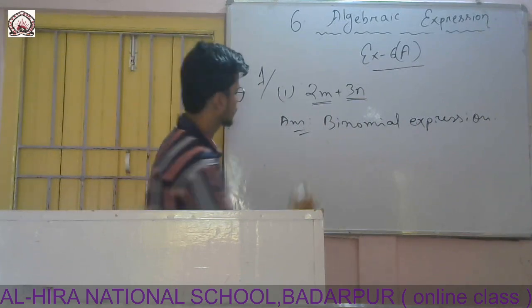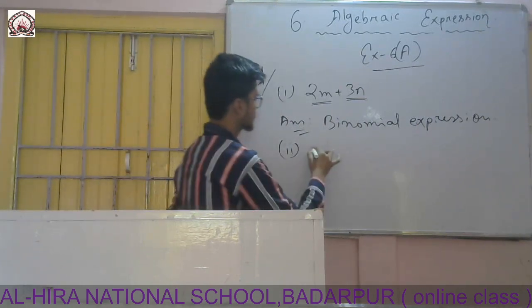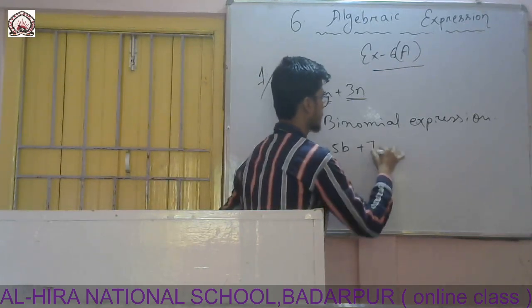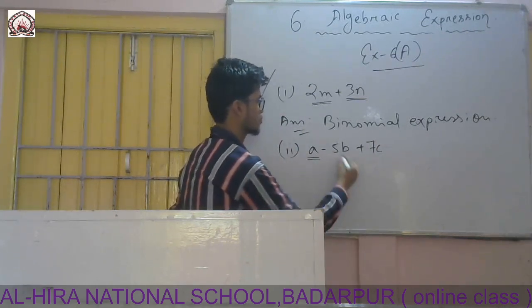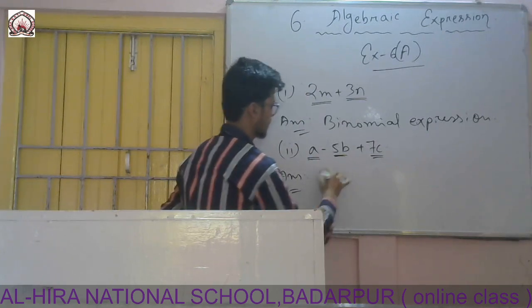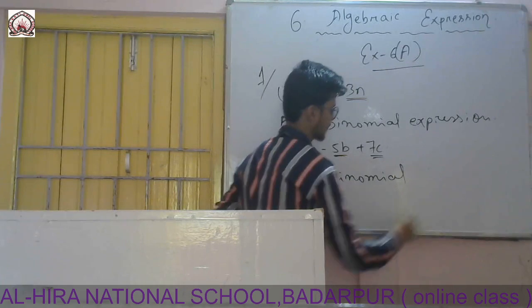So number 2, Roman number 2, a minus 5b plus 7c. Okay, how many terms are there? First one, second one, third one. That means there are three terms. Therefore, it is a trinomial expression.